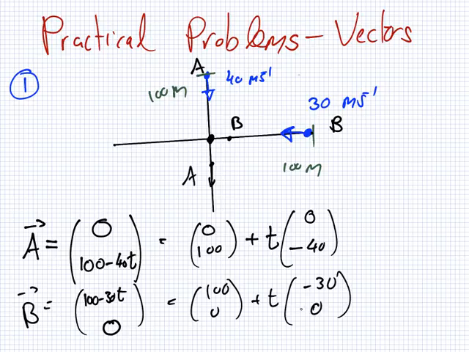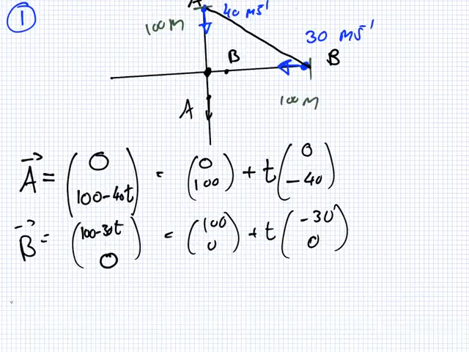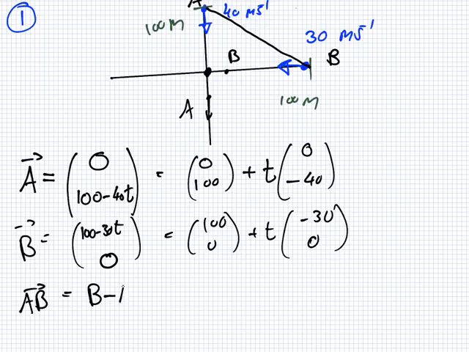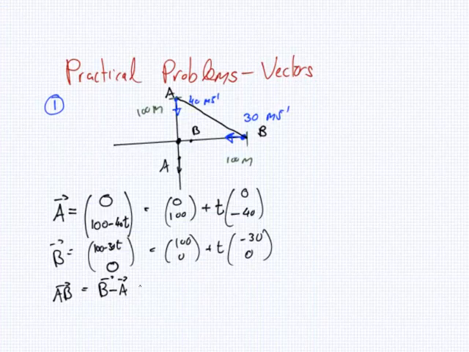Okay, so that's A, that's B. We don't care about A and B. What we care about is the distance between them, which is AB, equal to B minus A. Now, what is B minus A here?